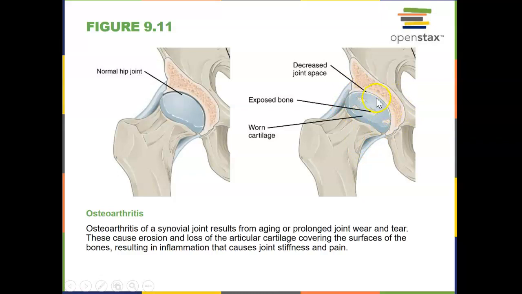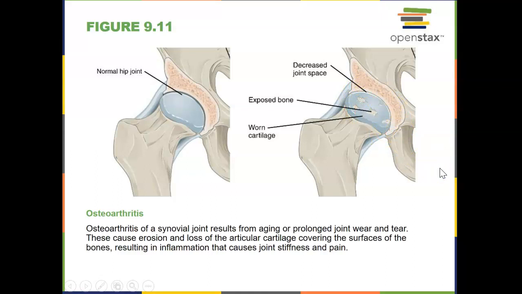So what's going on there? Sometimes the articular cartilage starts breaking down and you end up with bone on bone grinding. So you end up having worn cartilage. Sometimes those little chunks of cartilage can float around in here and cause more friction. But basically you end up with painful inflammation and joint stiffness because of the damaged cartilage.